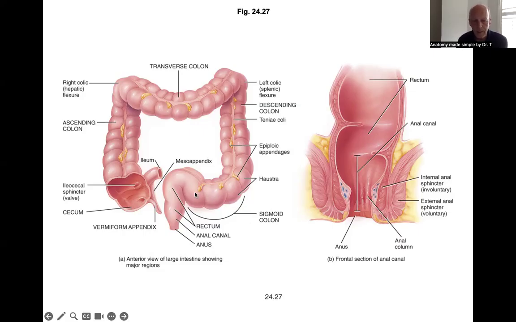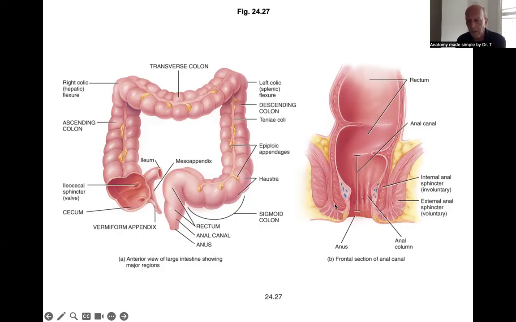Followed after a sigmoid colon comes the rectum, which sits anterior to the sacrum in the midline, and the rectum is now coming closer to its end, first forming the ampulla and then anal canal, and finally terminating with external opening that's called the anal opening, illustrated a little bit better on the right-hand side of the screen.